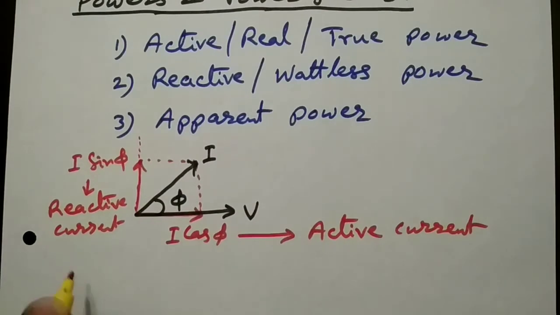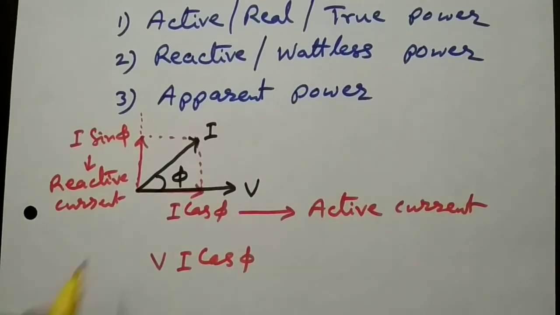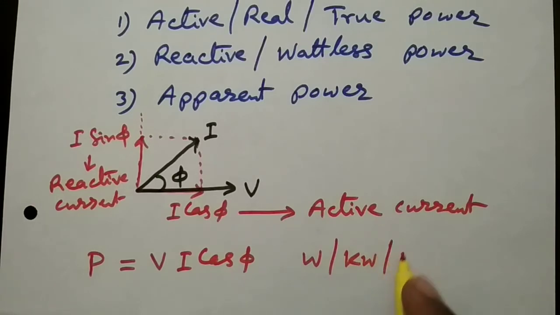Now if we multiply the voltage with the active component of the current, that is V into I cos phi, it is called the active power P. We have also seen this earlier. Its unit is watt, kilowatt or megawatt.